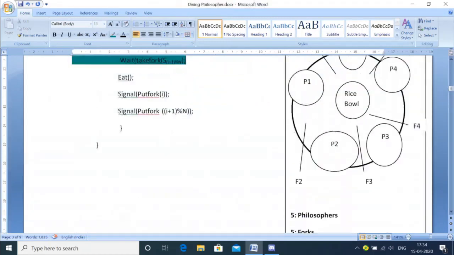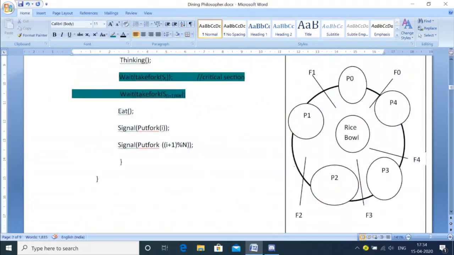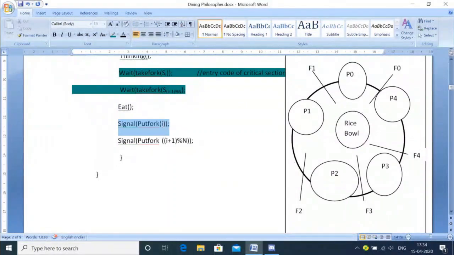So basically this is the entry code of the critical section. Inside the critical section it will do the eating of the rice bowl. Once it is done, then it will be exiting. So this is the exit code.